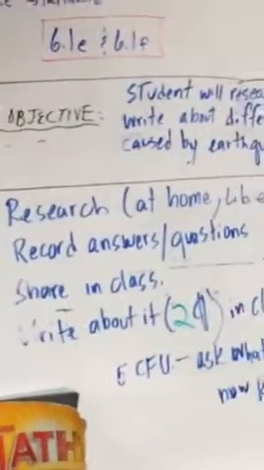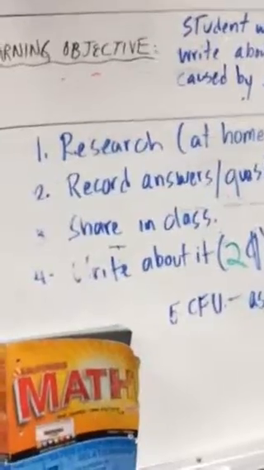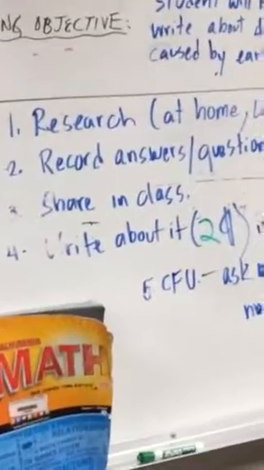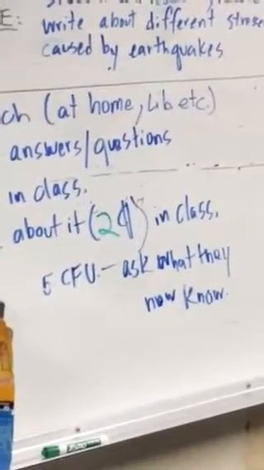They're going to do research at home or in the library on their cell phones, tablets, laptops, textbook. Even though they would have done it at home, a lot of them don't have access to internet at home, so I had them do it over here. And I know it's not exactly right, but that's the only way I could make it work.